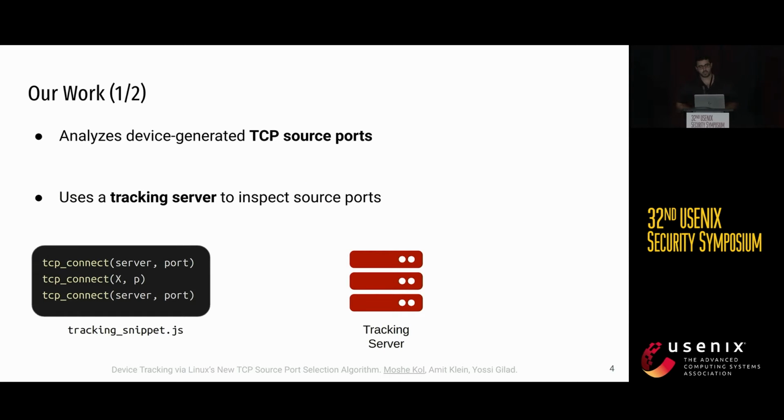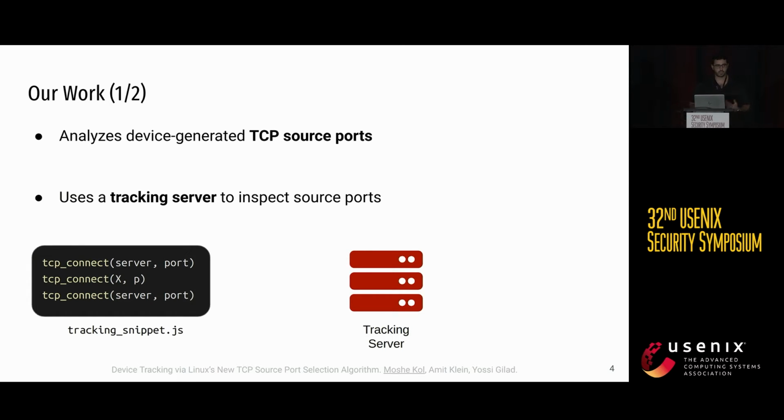So our work is about analyzing the device-generated TCP source ports for the purposes of tracking users across the web. And since the TCP source ports are not directly accessible via standard JavaScript APIs, we use a tracking server to inspect the source port.